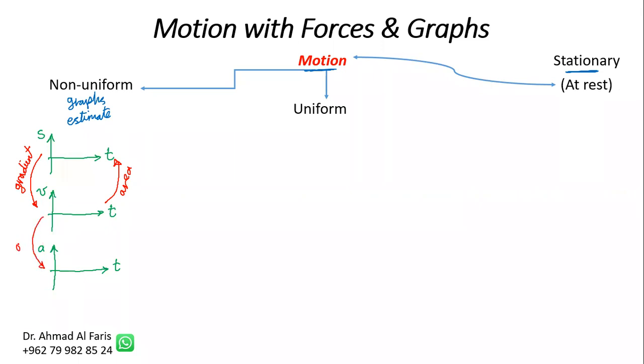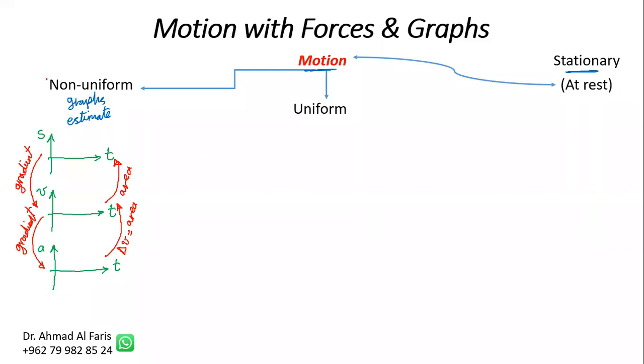I can also find the gradient, since the acceleration equals the change in velocity divided by time. So the gradient of the line is the acceleration. And finally, if they give us an acceleration time graph and they ask about the change in velocity, delta V, V minus U, I will find the area under the graph.